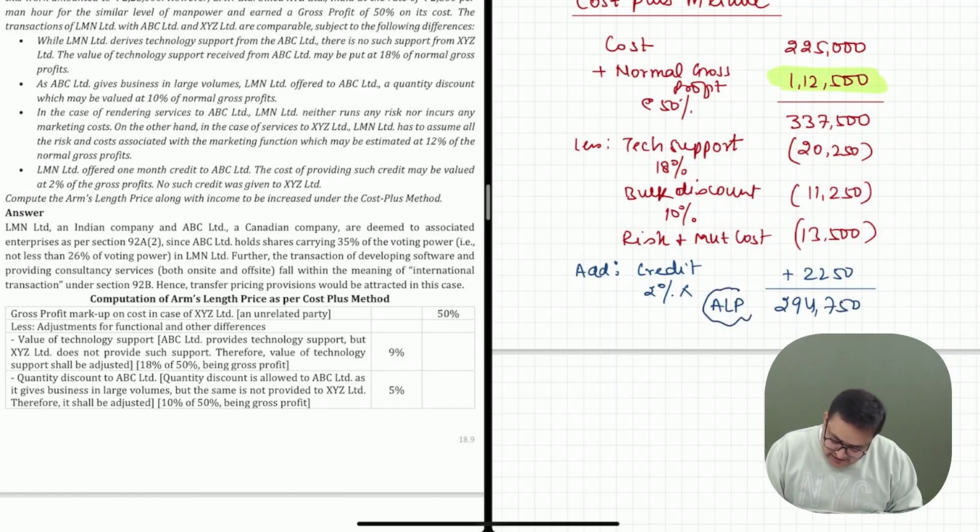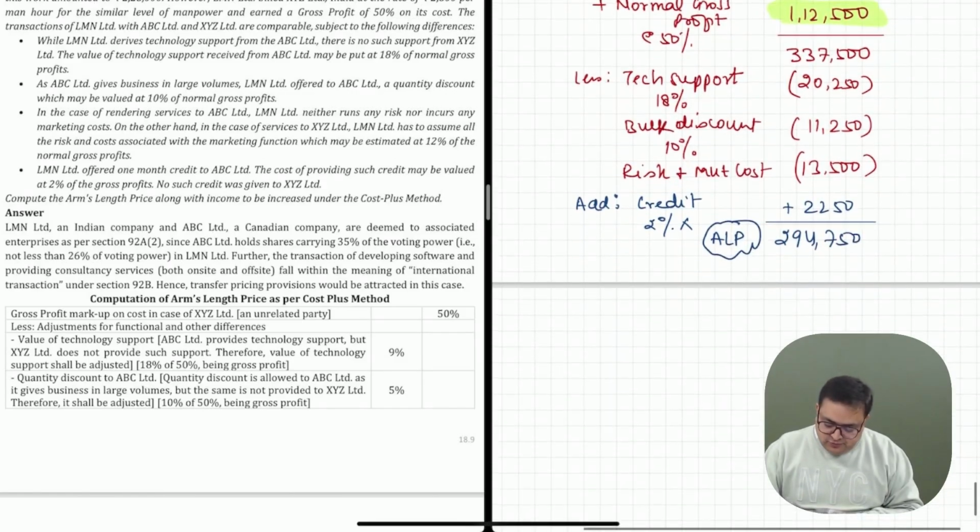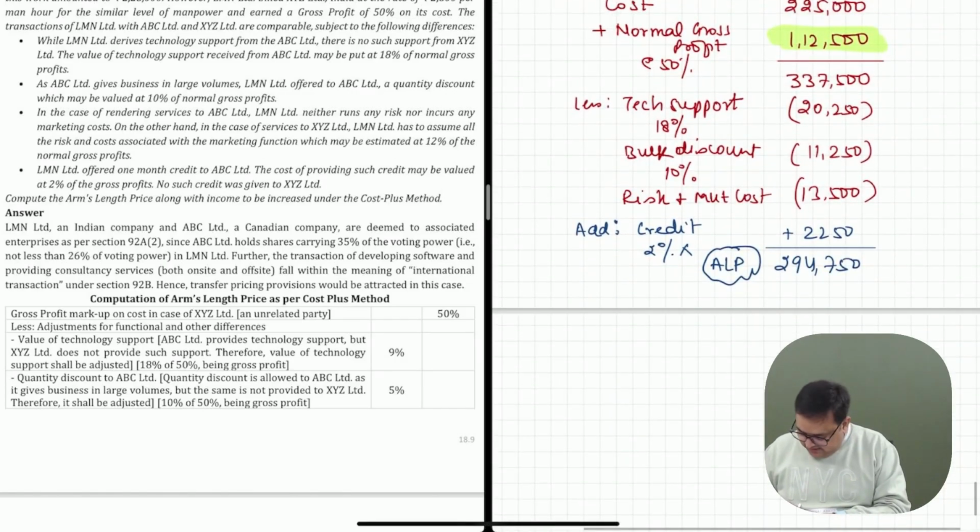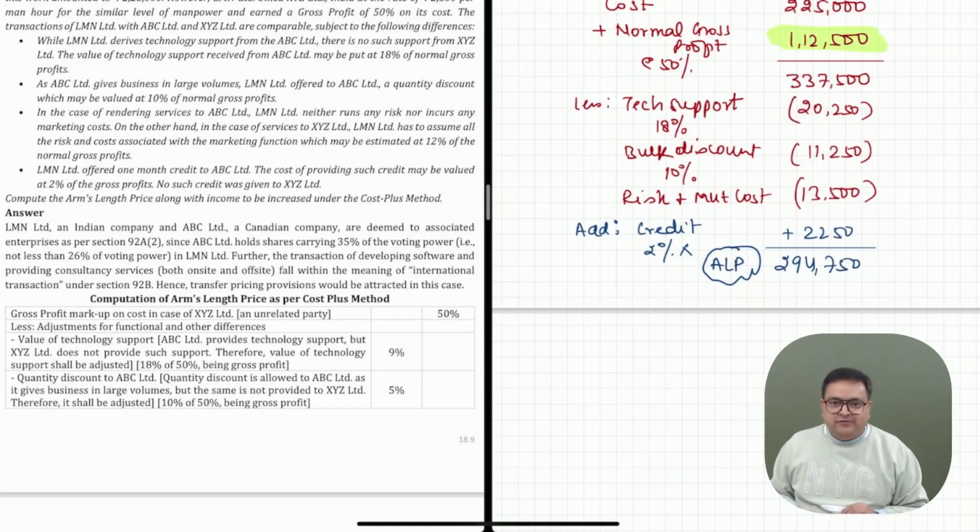So this is the ALP. Got it? So 294,750. Is my calculation correct? Let me check it once again. 7,500 minus 2,250 minus 13,500 plus 2250. I think it's correct. 294,750. So 294,750 is the ALP.